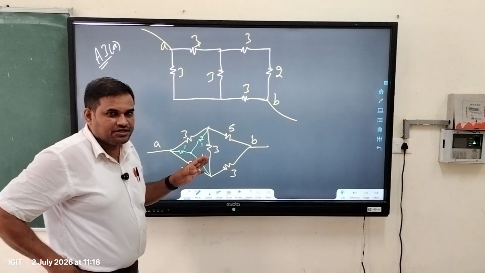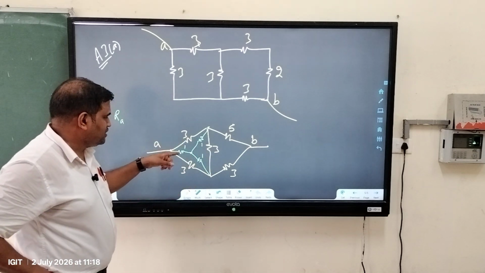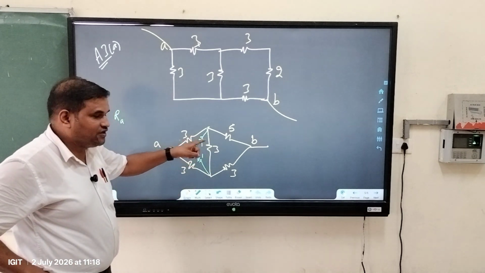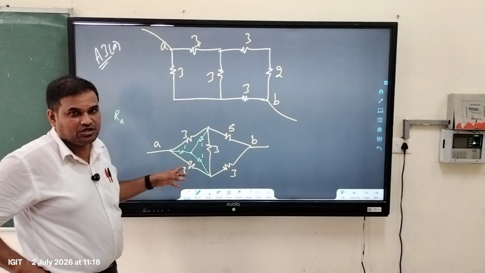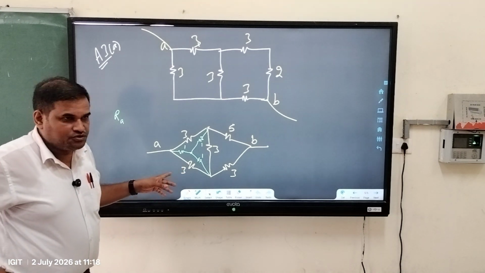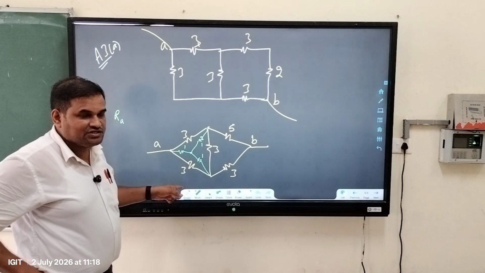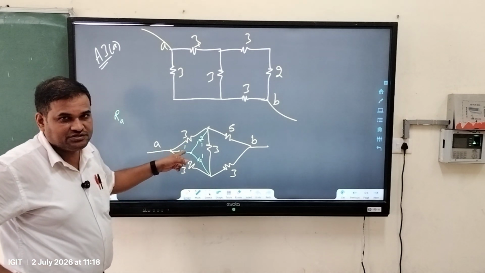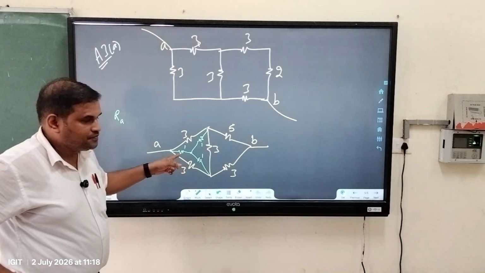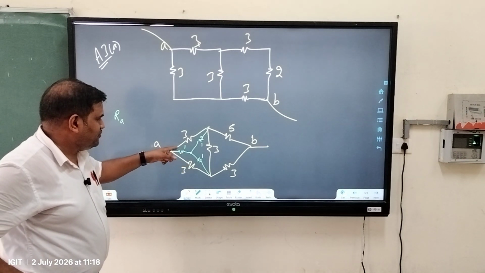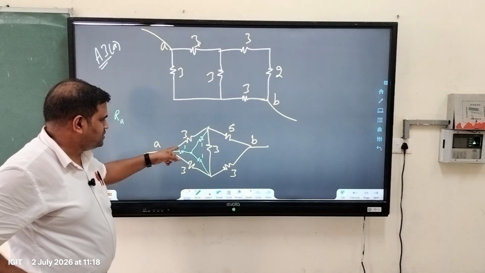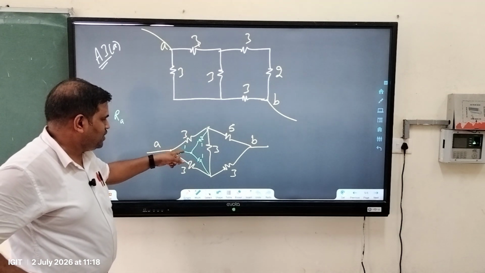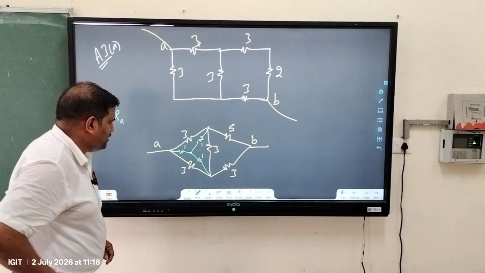The examiner knows this conversion, like how to convert from delta to star, he can solve the problem. So if all the resistors of this triangle are of equal value, one can easily find this value. Star resistance is 1/3 of that. So if these 3 are 3, then you will get this value as 1, 1, 1.